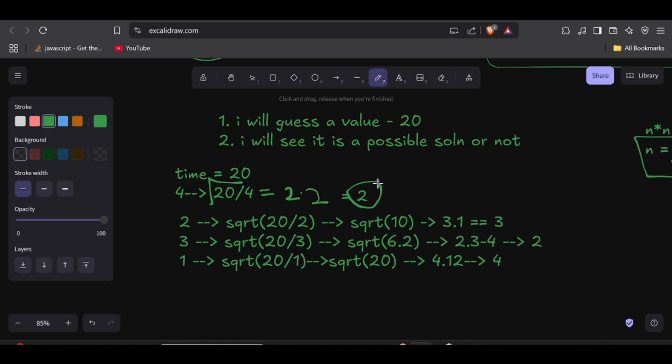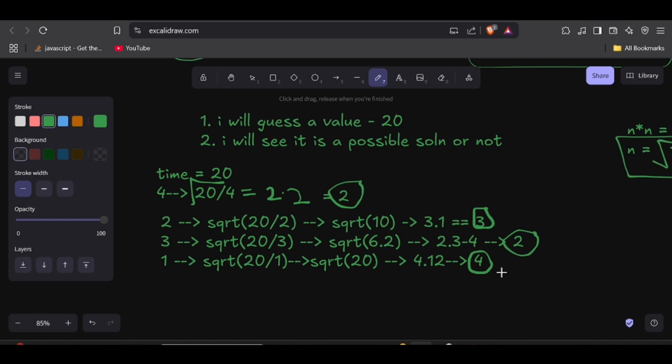First one is 2, second one is 3, third one is 2, and fourth one is 4. It means in 20 minutes, the first can repair two cars, the second can repair 3 cars, the third can repair 2 cars, and the last can repair 4 cars.